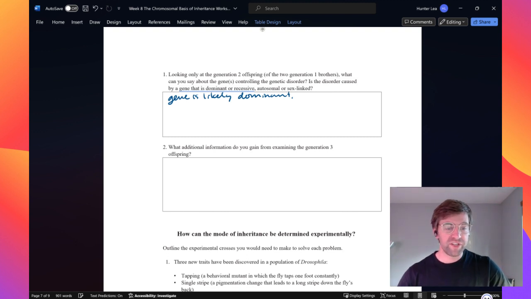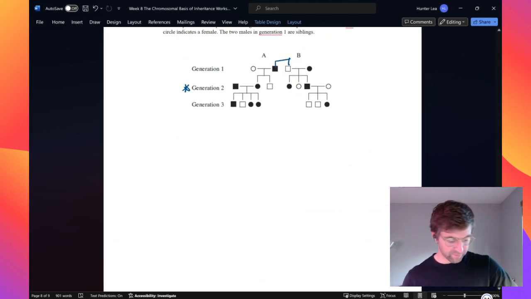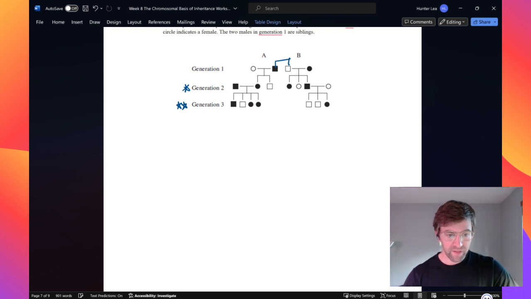Okay. What additional information do you gain from examining the generation 3 offspring? So, looking at generation 3 now, the mating between 2 affected individuals is interesting.